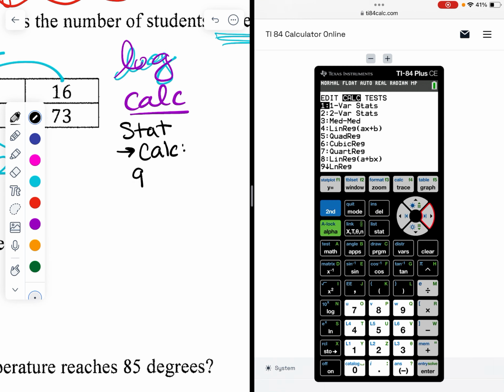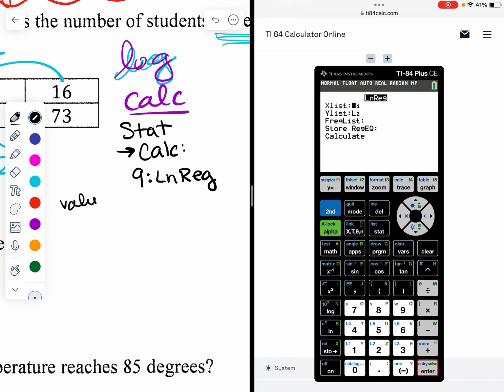In order to use that though, we need to make sure that we have values in our list. So to put the values in the list, you're going to hit stat, and under the first one, which is edit, which means you're going to input a list, hit edit for number 1.